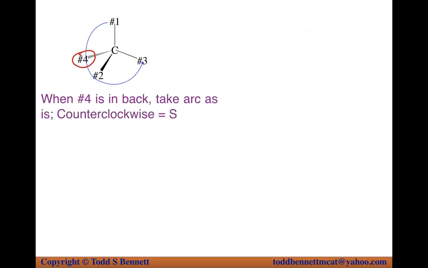Okay, so summary time. When number 4 is in back, and I arbitrarily put 1, 2, and 3 here, it could be 1, 3, 2, 1, 2, 3. I mean, could be whatever, but as long as 4 is in back, it's an as-is position. So when number 4 is in back, take the arc as is. Counterclockwise equals S. That's an S center.